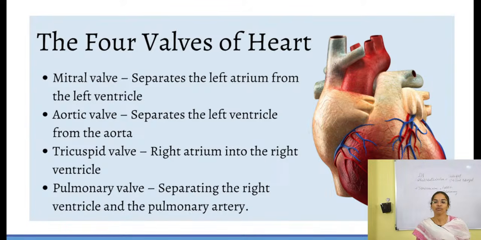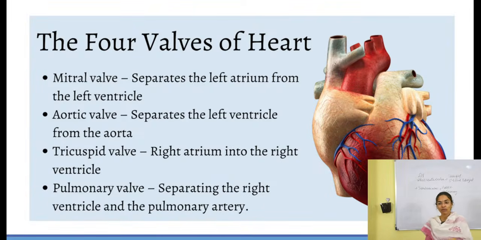The aortic valve separates the left ventricle from the aorta. It is also present on the left side. What is the aorta? The aorta is the largest artery, which supplies oxygenated blood to the arteries and arterioles.